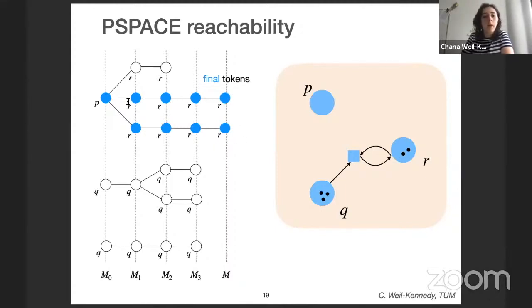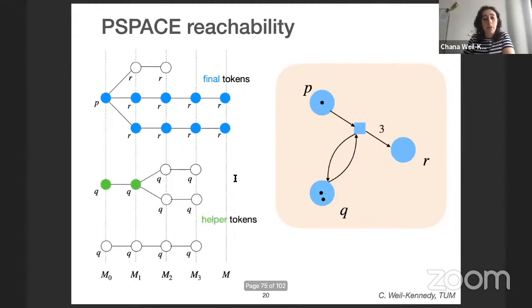And we color in blue all the tokens which in the future will be final tokens, which will produce final tokens. So here, this token in P produces what will be the 2 tokens in R. That's deterministically defined and relatively straightforward.